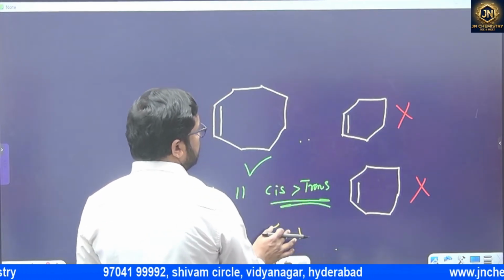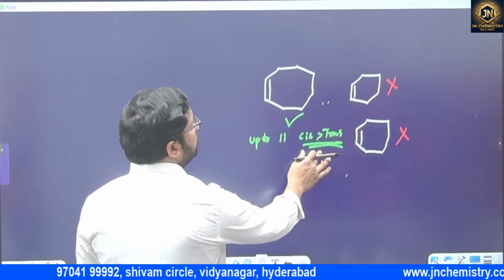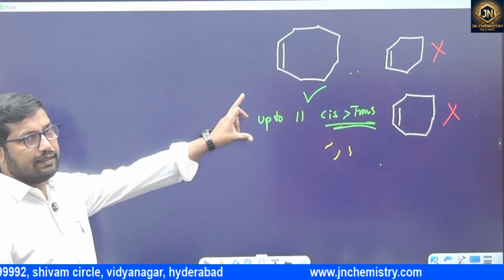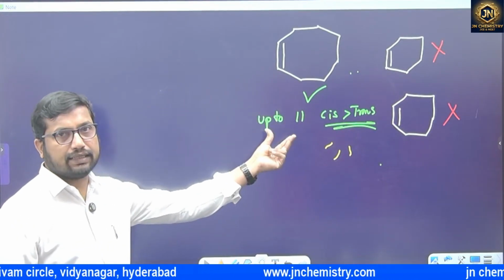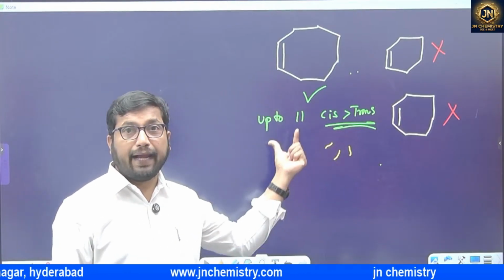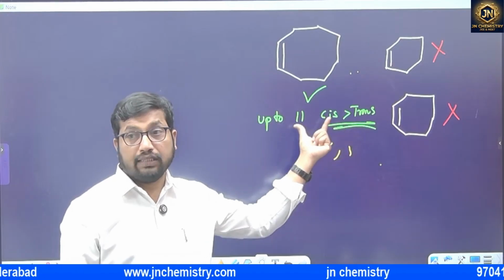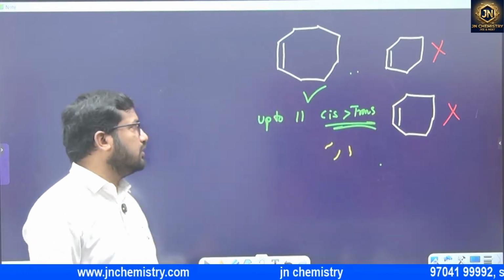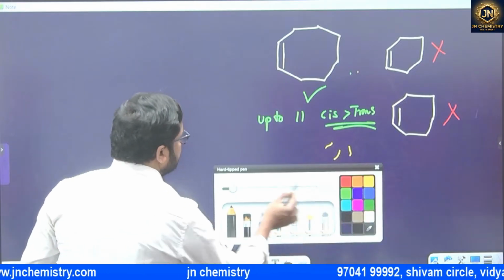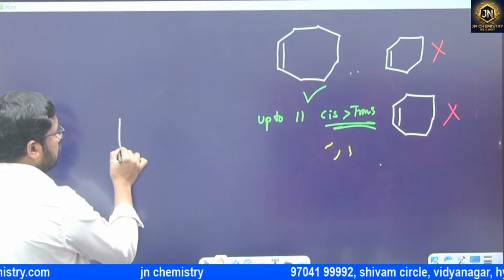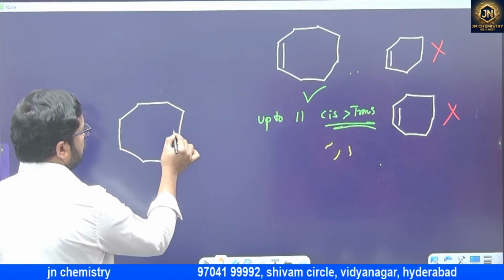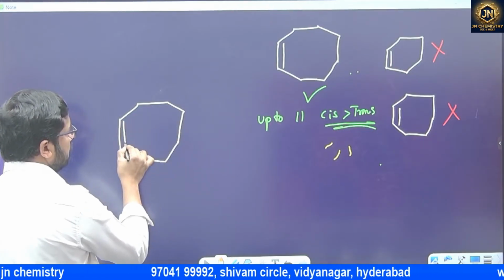Generally, of cis and trans, which is more stable? Trans is more stable. But particularly in this case, what exactly happens? Up to 8 to 11, cis is more stable than trans. So try to understand. For example, I will take an example to show why cis is more stable. Imagine this.